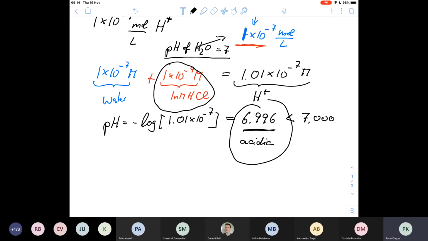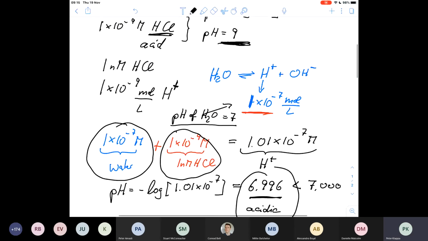No, the water is not acidic. The water should be pH 7. That is this one here. The water is neutral. It's 1 times 10 to the minus 7. That is neutral. But if you just add a little bit of an acid, then it will become acid, but not alkaline.